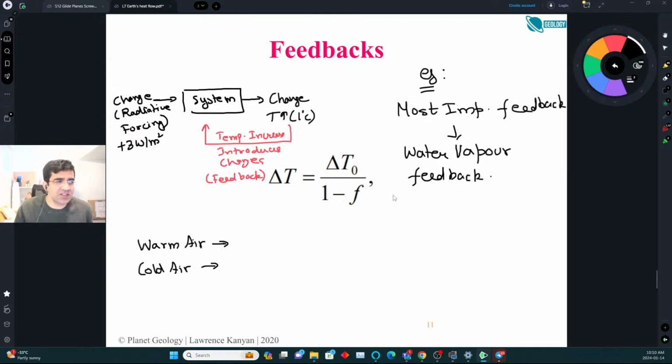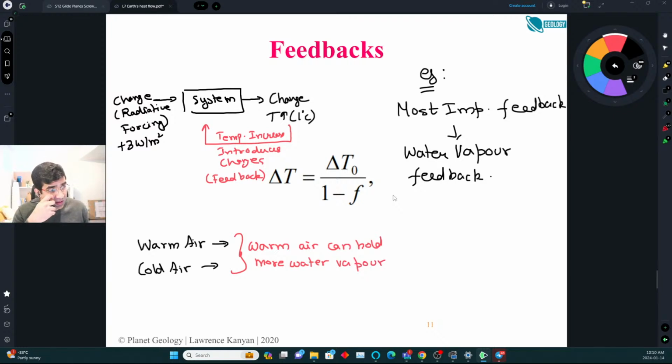Which of these can hold more water vapor? Warm air. Warm air can hold more water vapor.